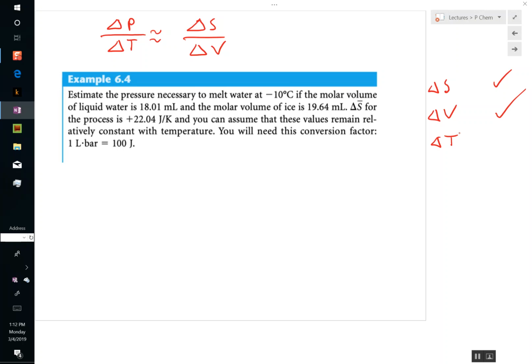Okay, so delta T is given, 0 versus minus 10, and for delta P, normal pressure is 1. So P1 is 1, P2 is unknown.